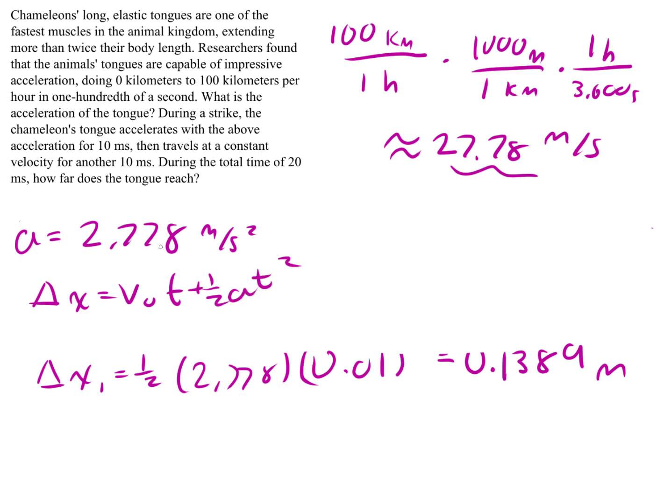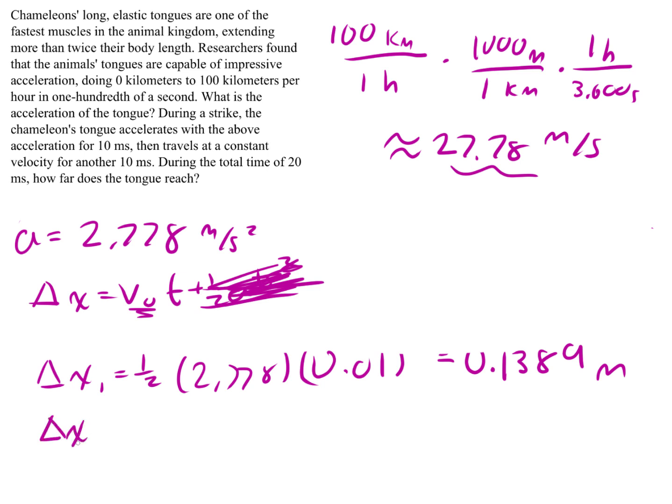During the second part, it travels at a constant velocity, so there's no acceleration, and we can get rid of that term. The initial velocity is simply the final velocity after it stops accelerating in the first 10 milliseconds, which we calculated earlier as going from 0 to 100 kilometers per hour in 10 milliseconds, about 27.78 meters per second. So that is the value we will use for velocity.